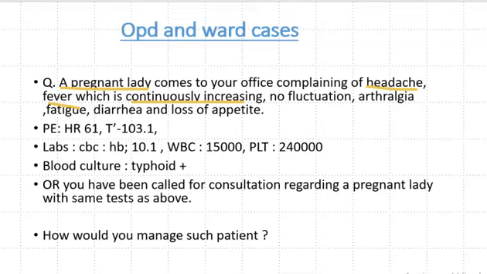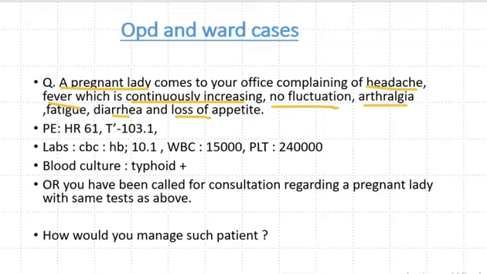It means it is a continuous pattern of fever as seen in typhoid. There's no fluctuation of more than 1 degree centigrade. The patient has arthralgia, fatigue, diarrhea, and loss of appetite. You can also have rose spots on the trunk, but that's not present in most of the cases.